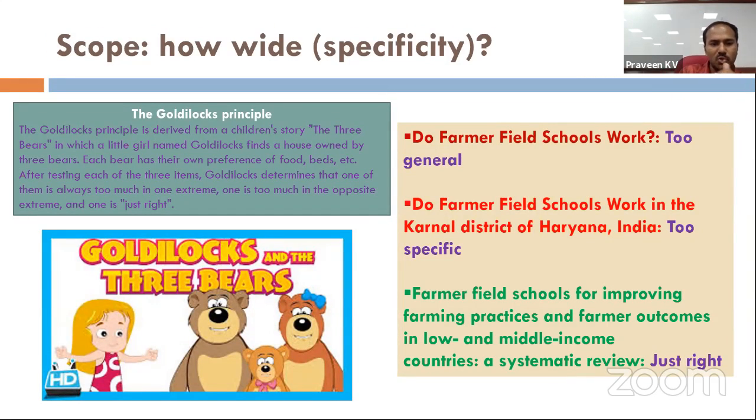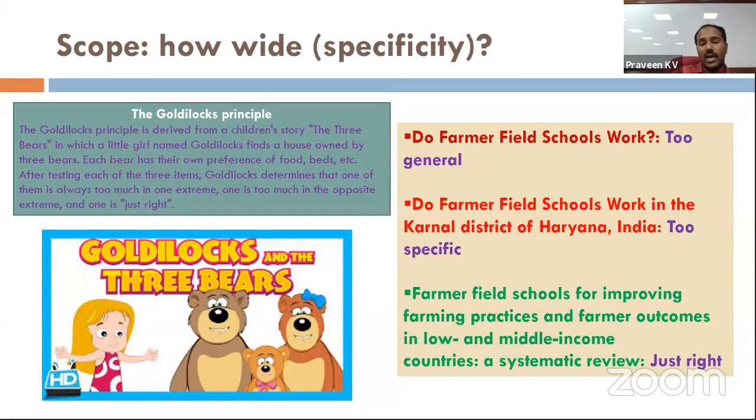One was too extreme on one end, maybe the dark brown one, and one was too extreme on the other end, the smaller one. So she selected the in-between one, the one with the blue ribbon on her head. So we can also proceed with the same strategy when we decide the scope of the study.